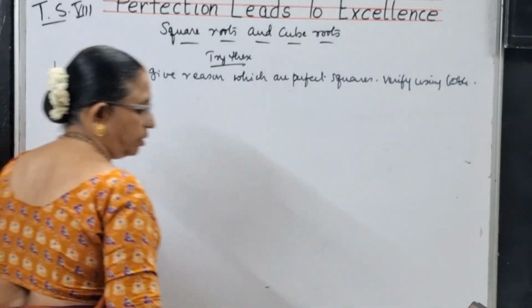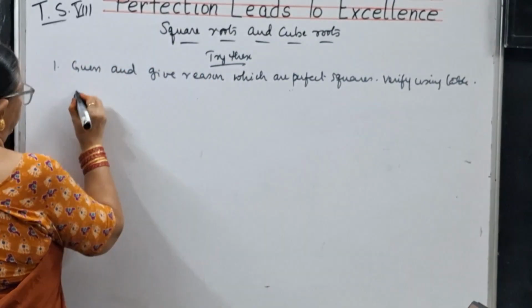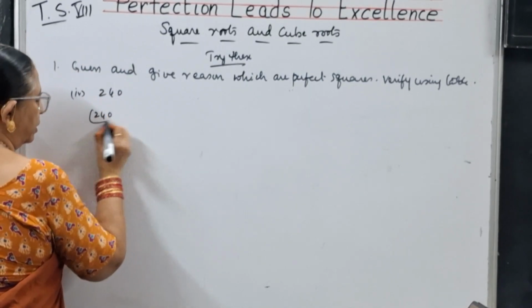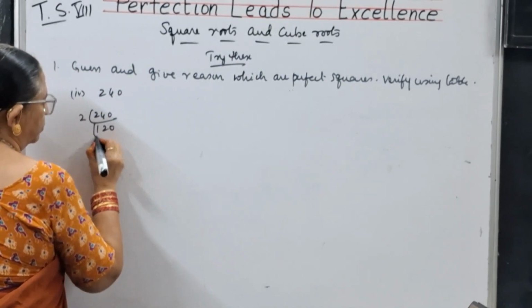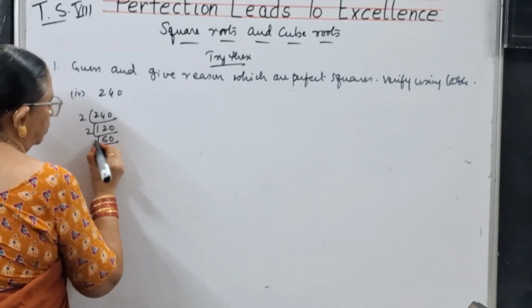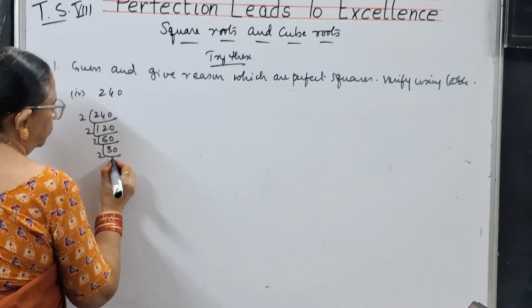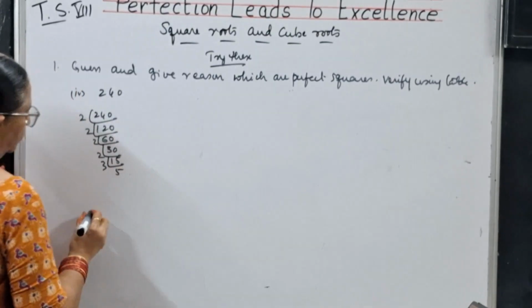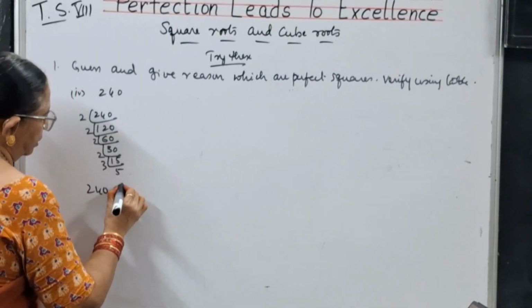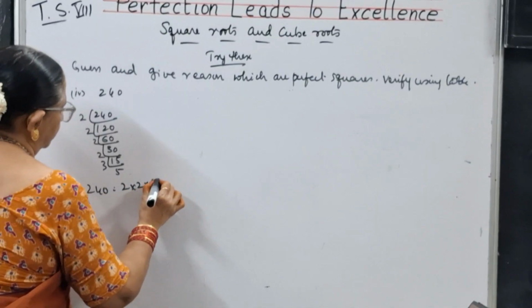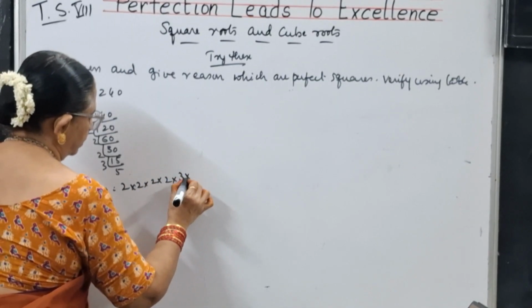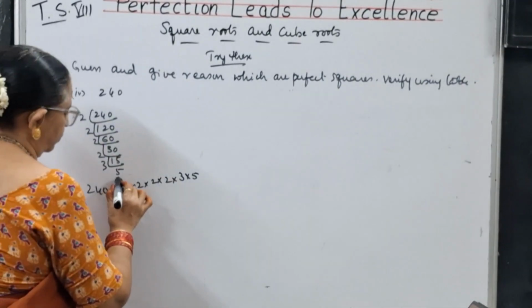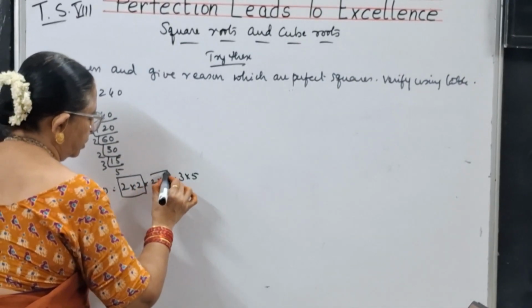Now fourth bit is 240. So 240 can be written as 2 ones are 2 twos are 0, 2 sixes are 0, 2 threes are 0, 2 ones are 2 fives are, 3 fives are. So 240 can be written as 2 into 2 into 2 into 2 into 3 into 5. So you can make how many twos you have got? 4. One group, one group.